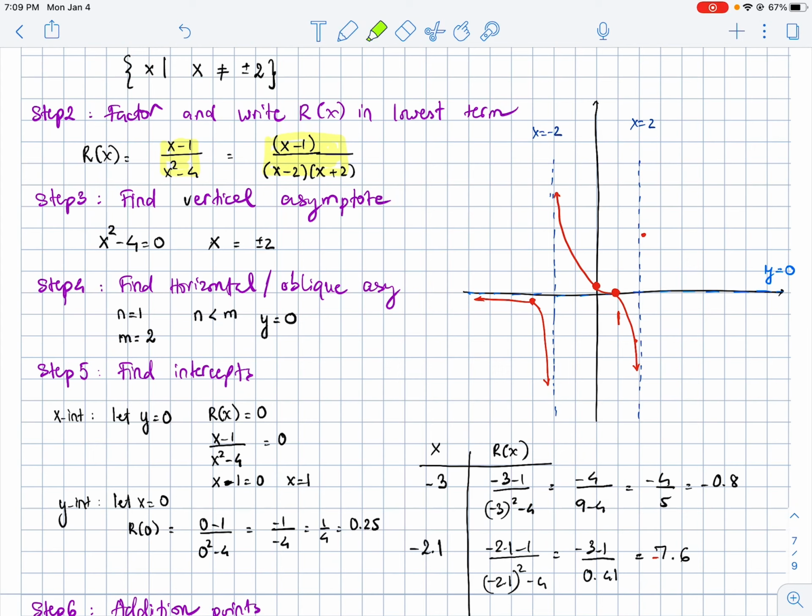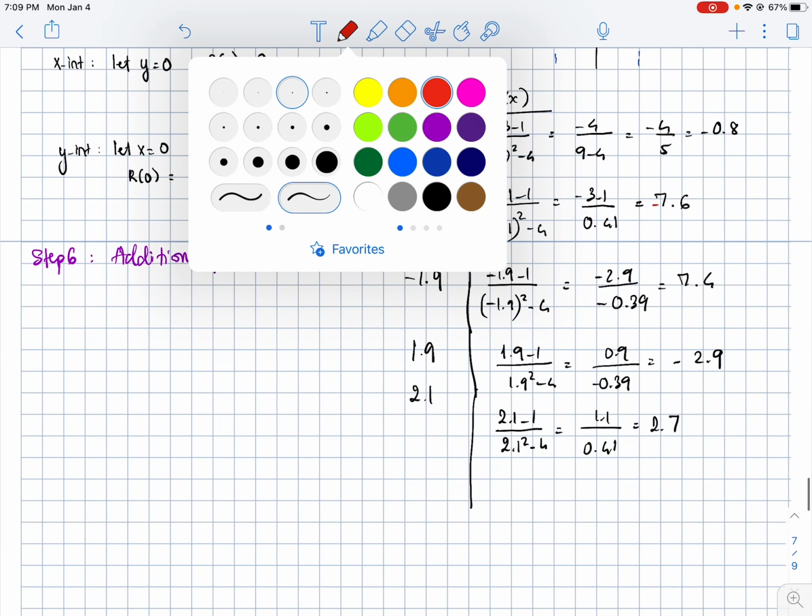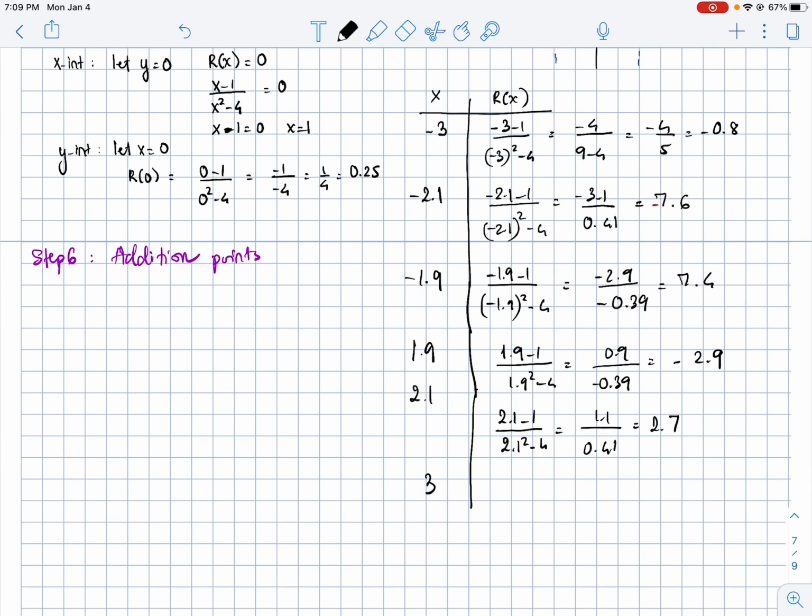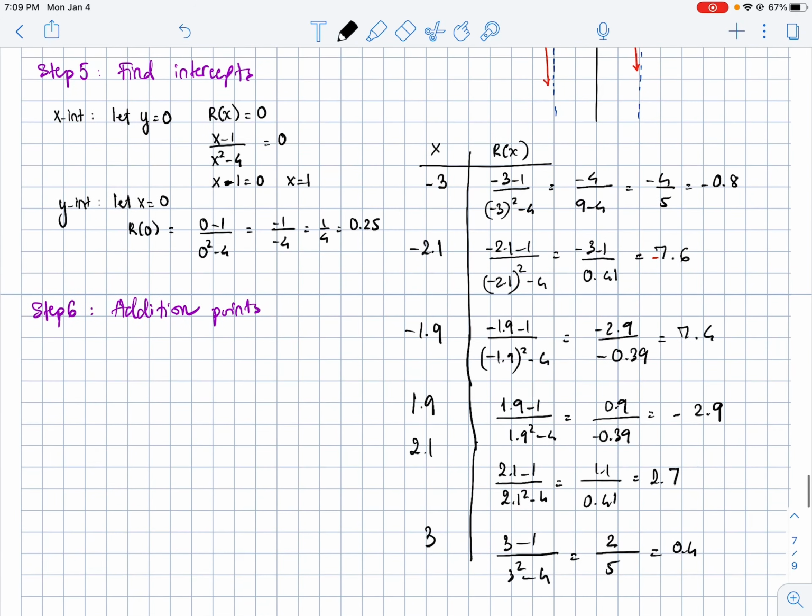So remember, we need to make one more point on the other side. So we need to make 3, the nice point. If x equal to 3, then 3 minus 1 over 3 squared minus 4. So 2 divided by 9 minus 4 is 5, so 0.4. 3, 0.4.